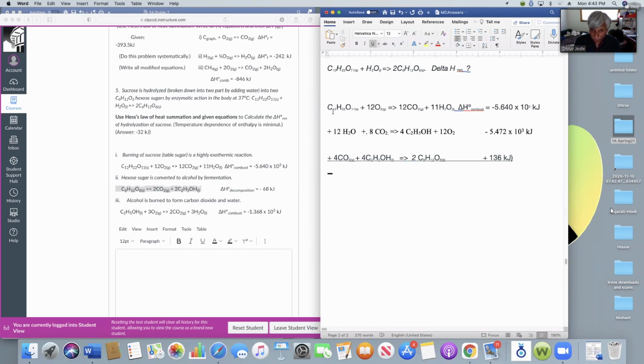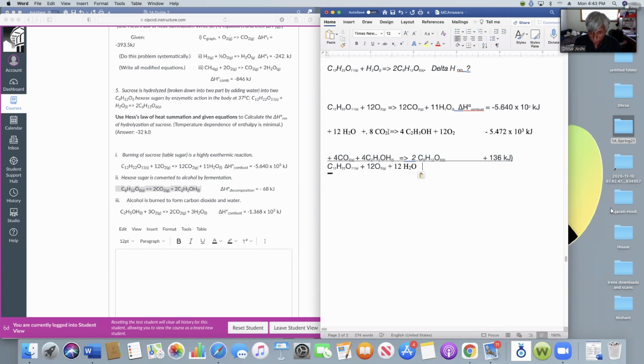Okay, so C6H12O6, one of those. 12 of oxygen is a reactant. So we are putting all reactants together, plus 12 of H2O, plus 12 H2O.